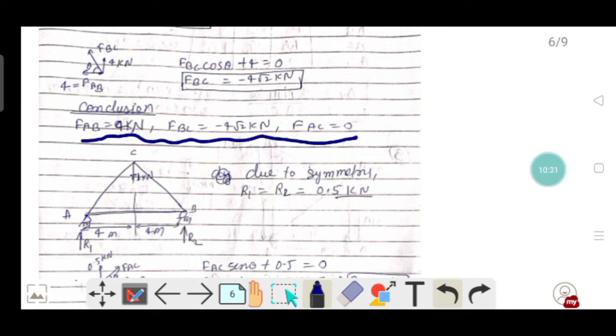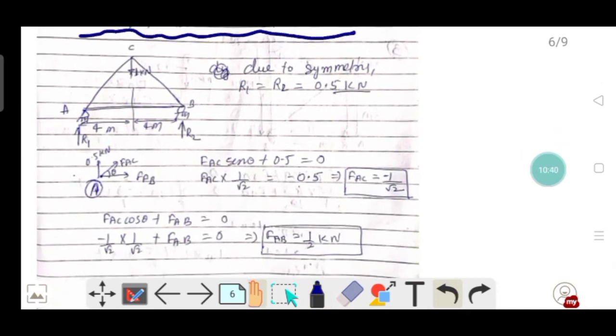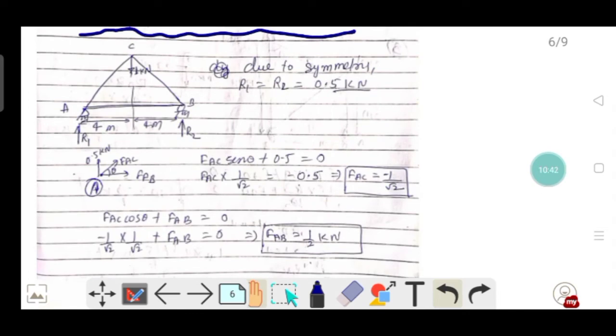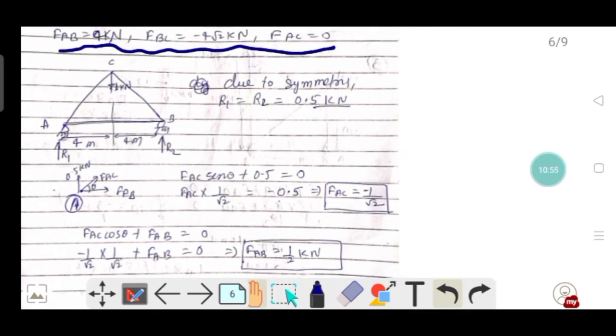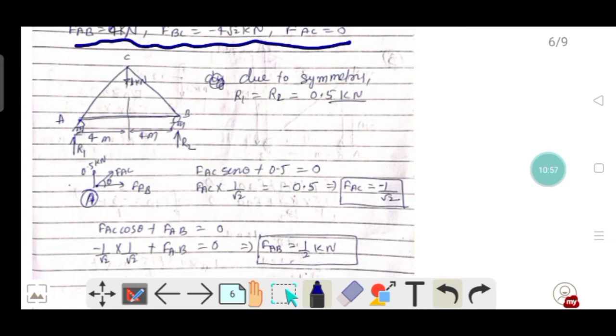So now we calculate the member forces due to unit load applied at point C. We apply the unit load at C and remove all the external load, and now we calculate the forces in the members. For calculating the reaction forces, this structure is a symmetrical structure.